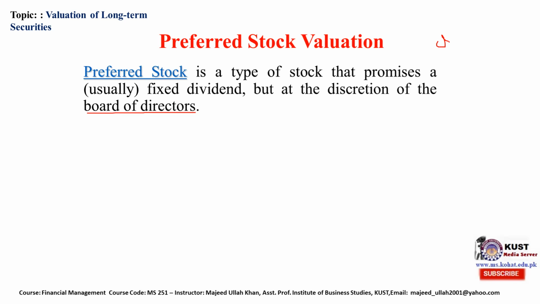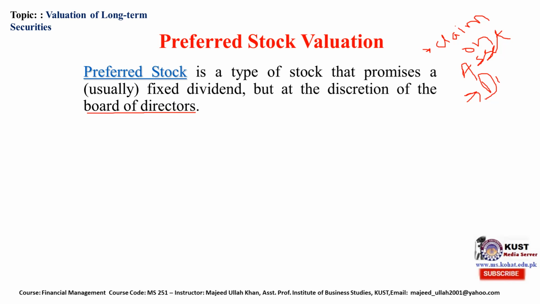One is claim on assets, and second is preference in dividend.